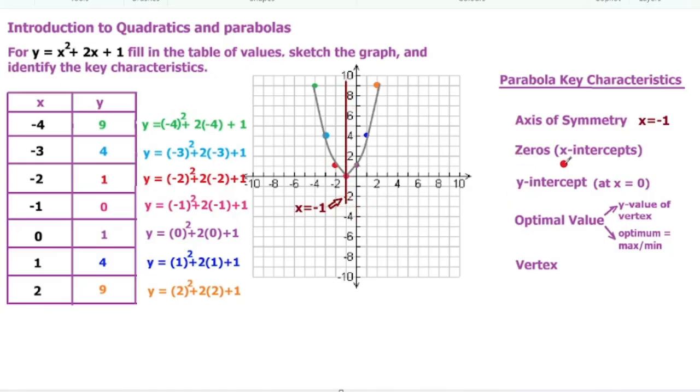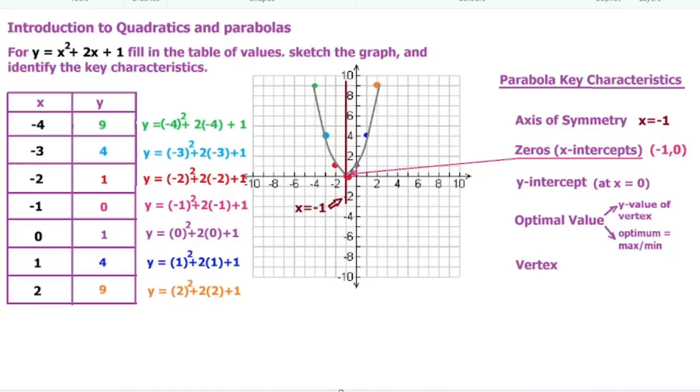Now we're going to review what the zeros are for this parabola, or the x-intercepts. So that's just basically where does this parabola intersect the x-axis. So for this particular parabola, it intersects at -1, 0.